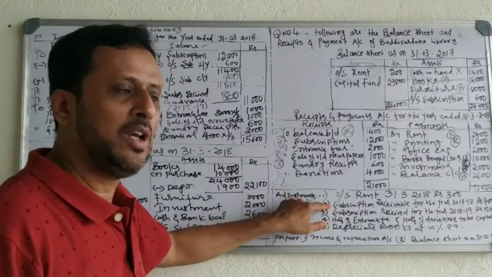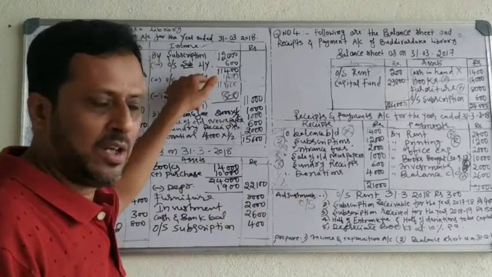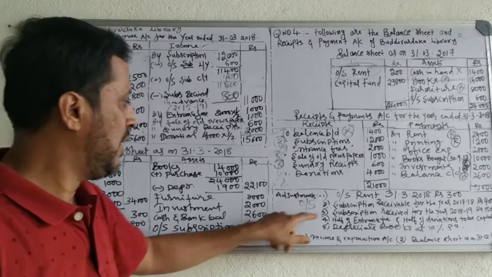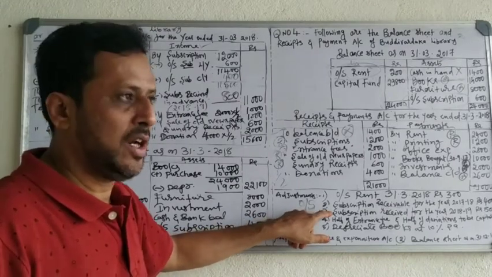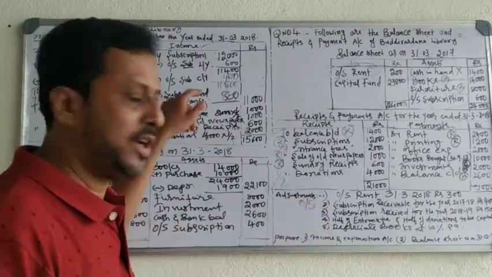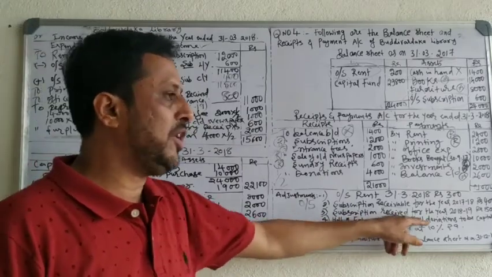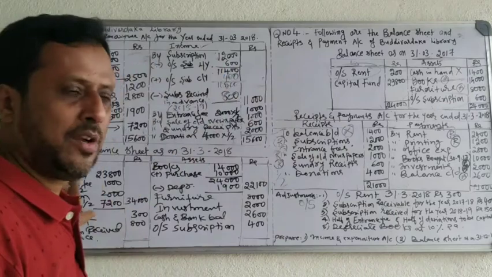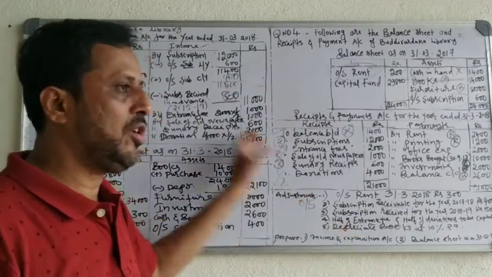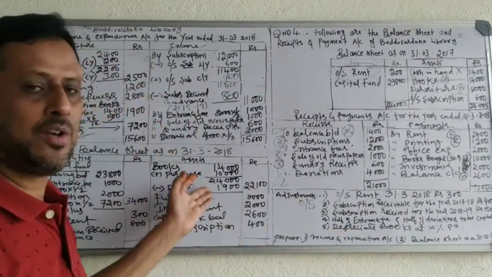Current year outstanding subscription you add and show on the asset side. Subscription received in advance you deduct and show on the liability side.